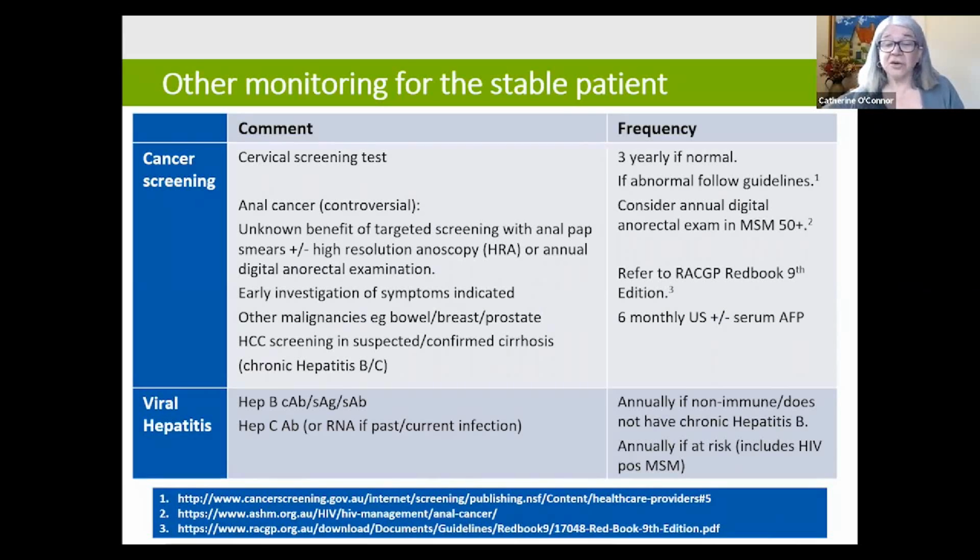And also looking at our patients for hepatocellular carcinoma who've already got chronic hepatitis B and C as well as HIV infection. We need to also be screening our patients regularly for viral hepatitis, in our non-immune patients for hepatitis B and everyone for hepatitis C.